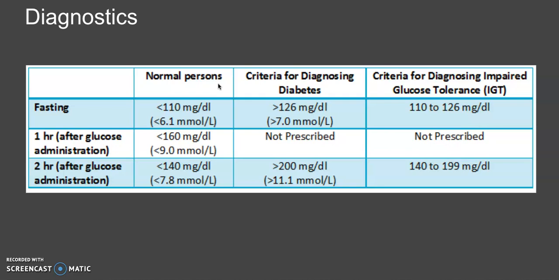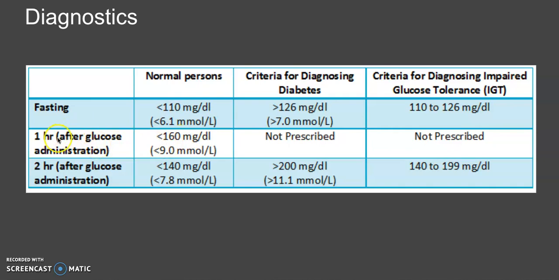You then see how the body deals with that sugar. For a normal person, these are about the scores that they should have. If they haven't been eating, then their blood sugar should be about 110 milligrams per deciliter or less.